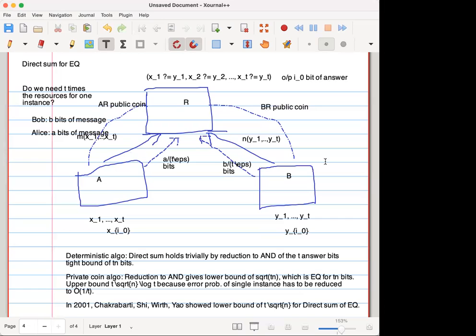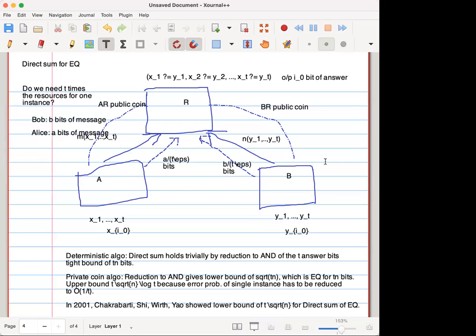The referee looks at the answers coming from the first instance of the public coin, the second instance, all the way up to t instances, and outputs the majority. A simple Chernoff bound tells us that the error probability will go down exponentially in t, so 2 to the minus t.